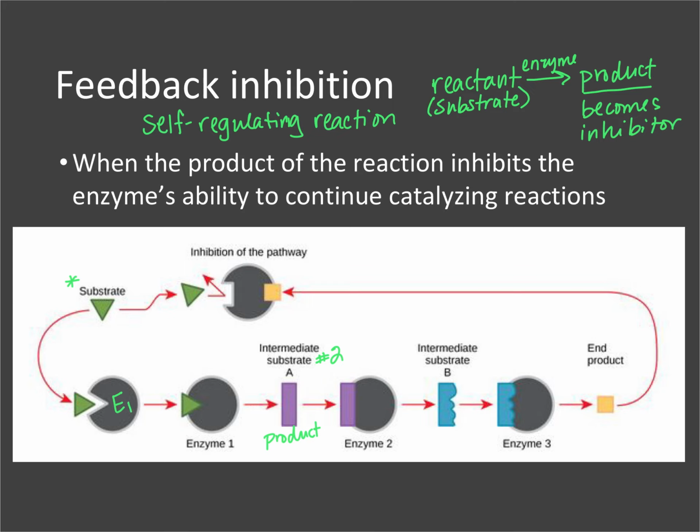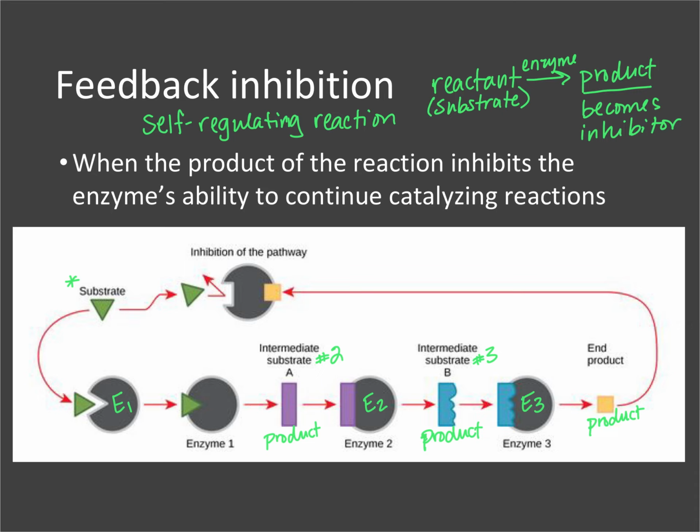So we'll call this one enzyme 1 and this one enzyme 2. And when that substrate binds with that enzyme, it gives us this product, which then becomes the next intermediate substrate. So this is like our third substrate. And when that substrate binds with our third enzyme, it produces this product here.